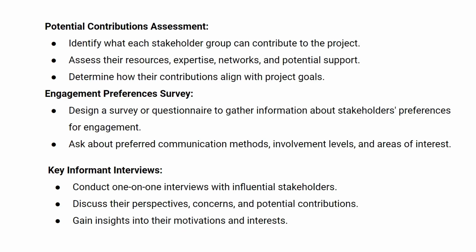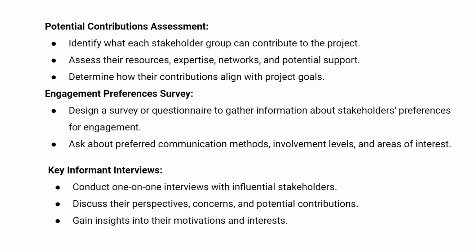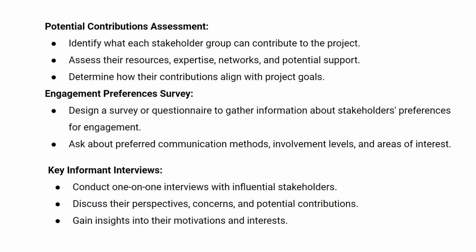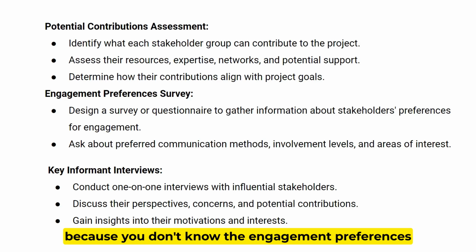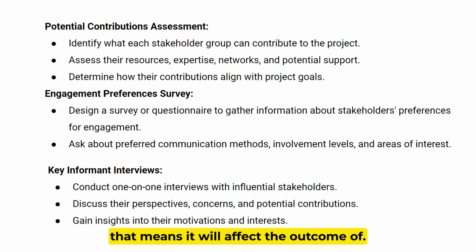You need to ask, because all this also shapes the outcome of your community engagement effort. Remember that it is engaging, interacting. So if you are unable to interact well because you don't know the engagement preferences of these stakeholders, that means it will affect the outcome of your community engagement efforts.